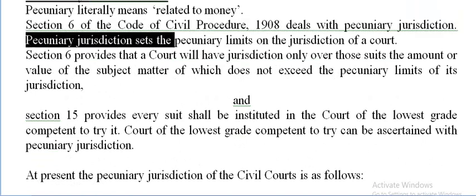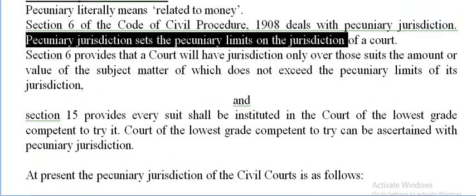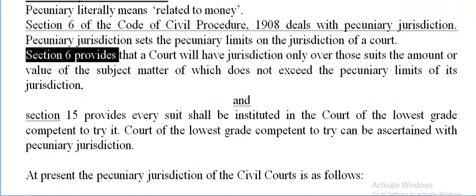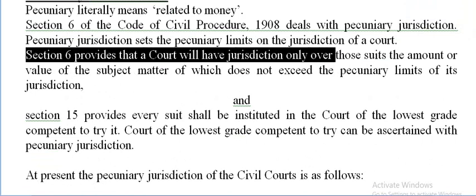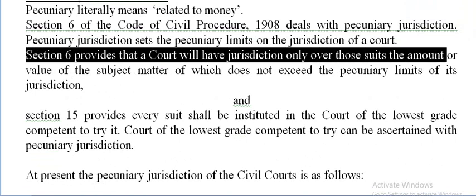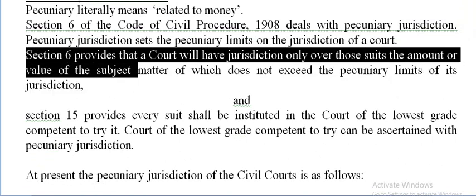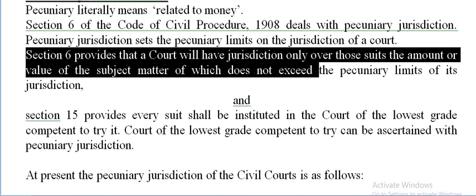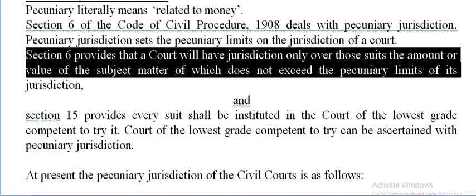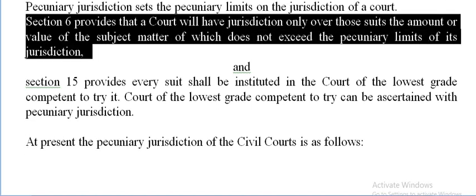Pecuniary jurisdiction sets the pecuniary limits on the jurisdiction of a court. Section 6 provides that a court will have jurisdiction only over those suits, the amount or value of the subject matter of which doesn't exceed the pecuniary limits of its jurisdiction.